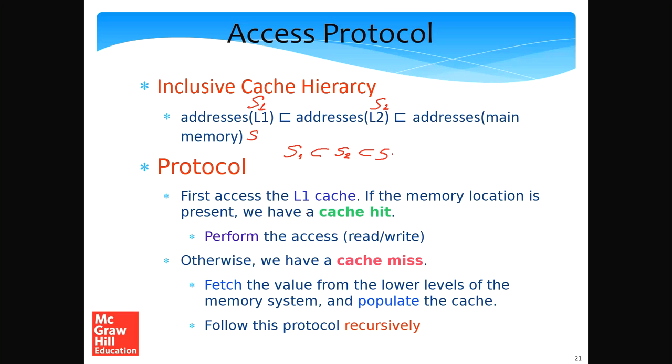It will always be the case that L1 is a strict subset and L2 is a strict subset of the addresses in the main memory. This is called an inclusive cache hierarchy. In general, it's a good idea to have an inclusive cache hierarchy as opposed to a non-inclusive cache hierarchy, which causes a lot of problems. It's more of a research topic than actually a textbook topic.